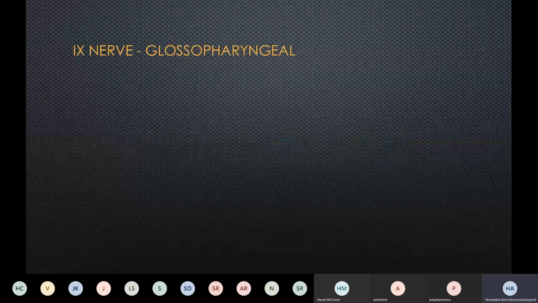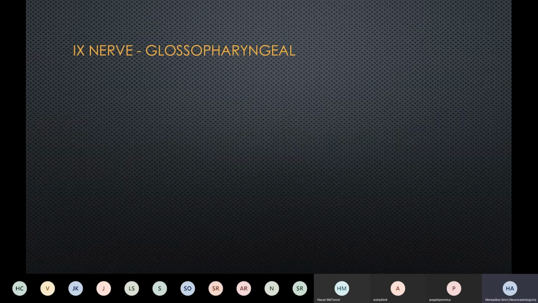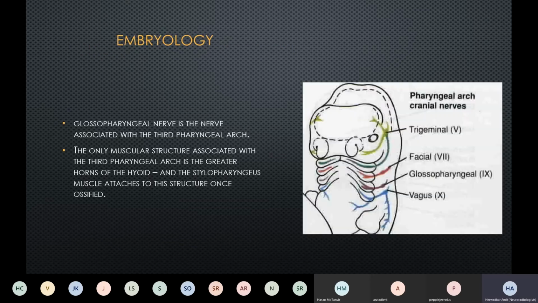So the first one, of course, the glossopharyngeal nerve. As the name implies, glosso as in tongue, it has to do something with the tongue, and of course there are the pharyngeal muscles that it subserves as well. Let's start with the basic embryology behind it. I'm not going to go too deep into the embryology because we'll run out of time at the end.